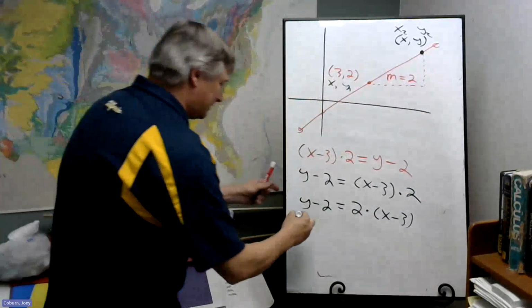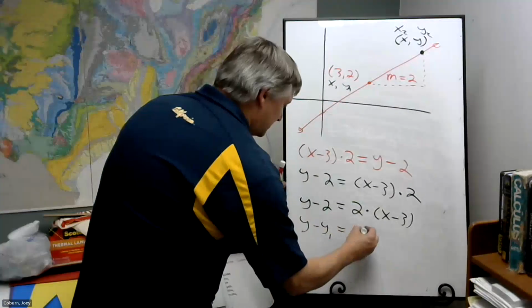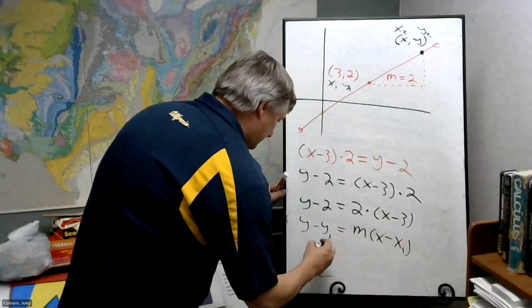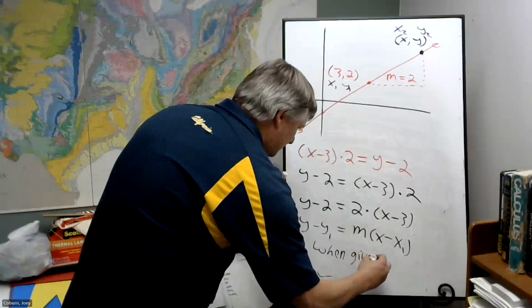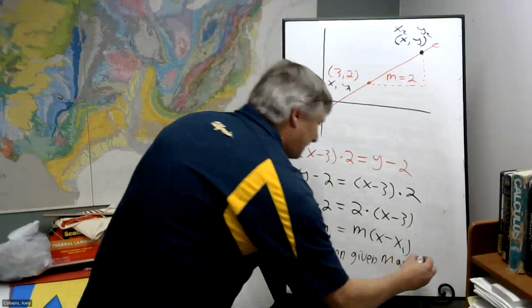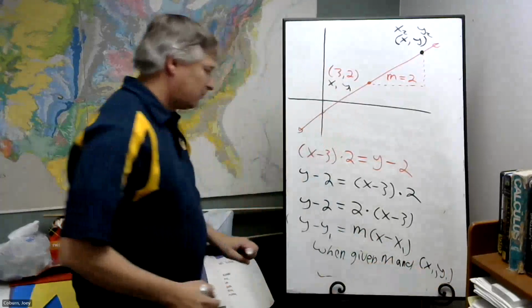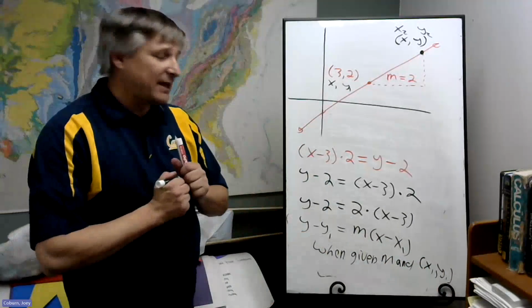If we're given a y1, a slope, and an x1, we can use this formula to get the equation for that line.